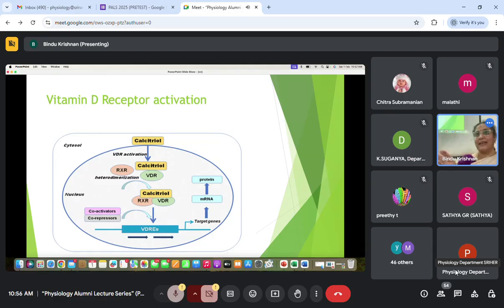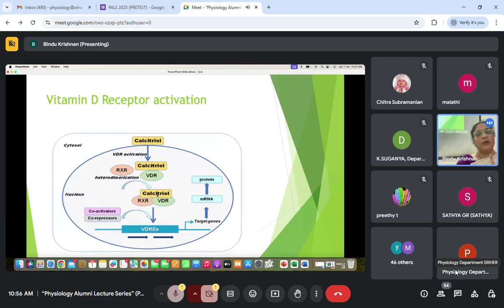So now vitamin D, which has got formed, has to act on its receptor. In the plasma, it is carried through DBP, that is your vitamin D binding protein. So it acts on the nucleus. The receptor is there. So this calcitriol binds to this vitamin D receptor, which undergoes heterodimerization with retinoid X receptor. This is very essential.